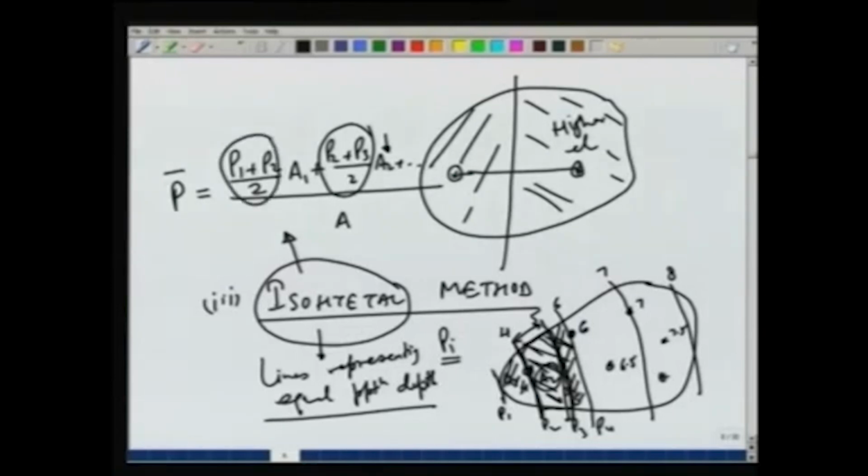Similarly, the first area has average depth (P1+P2)/2, multiply by the area, and so we will add everything up, divide by the total area and get our average precipitation. So, isohyetal method is probably the best out of these methods, but it requires a lot of data to be able to plot the isohyetal maps.